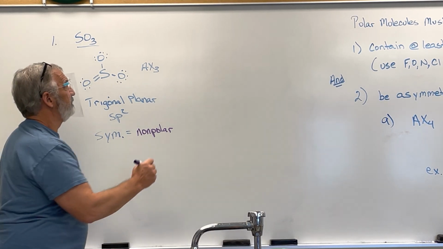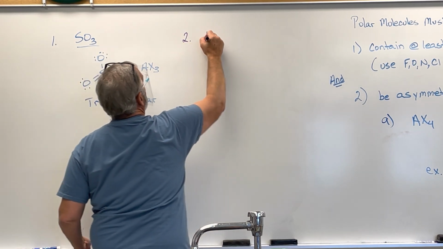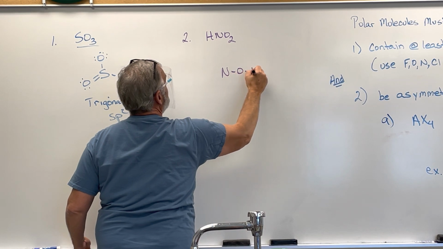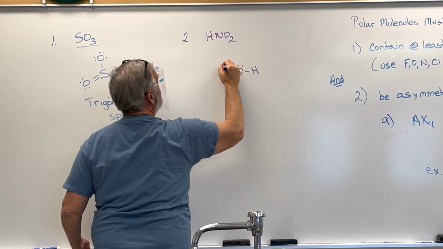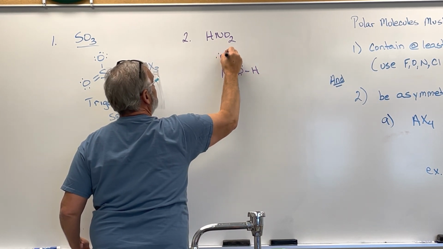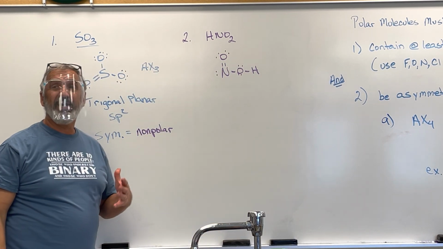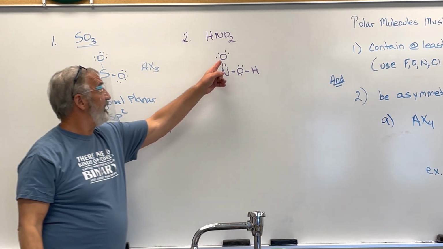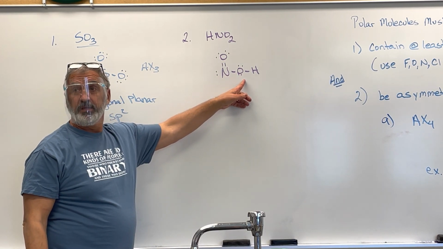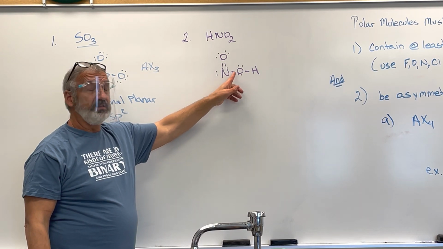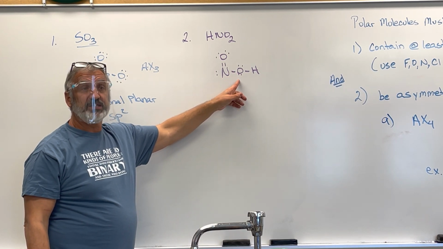Okay? What's the next one? What's number 2? HNO2. So then we have the nitrogen, oxygen. Remember the hydrogen attaches to the oxygen. We have a double bond oxygen here and a lone pair there. Now in this case, well, first off, we have oxygens present, right? That tells me I have polar bonds. Secondly, is this going to be a symmetrical or an asymmetrical molecule?